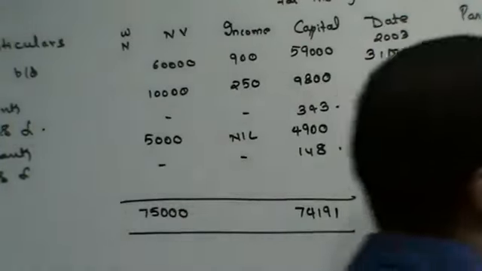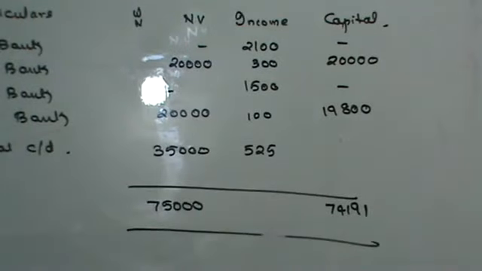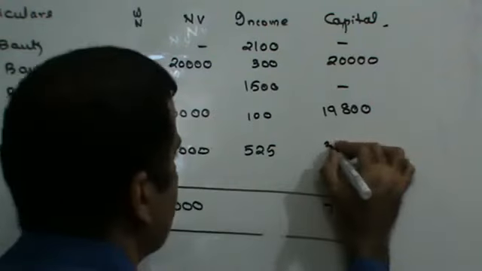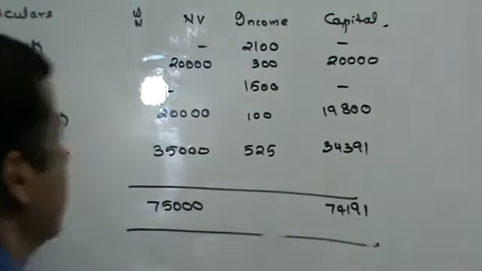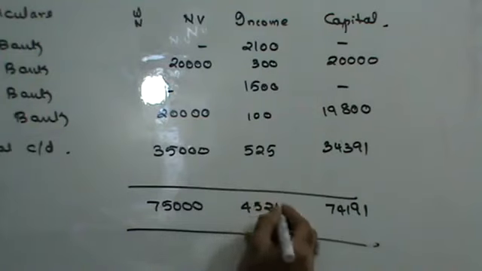Find out the difference, please. 34,391. Now add the credit side of income. 4,525. Yeah.